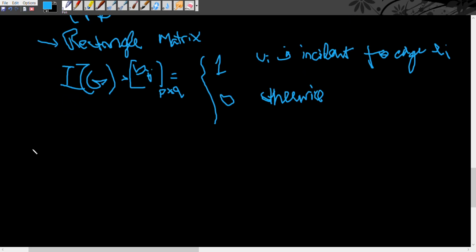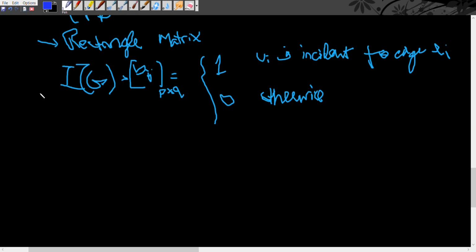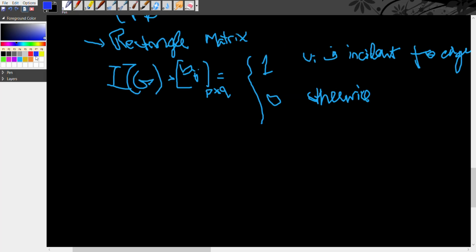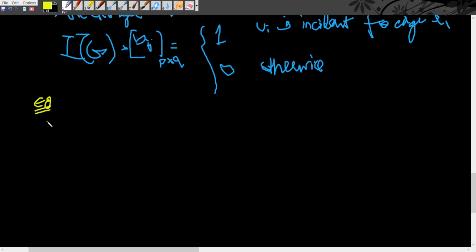So let's take an example. Say you've got this graph. Let's take a very simple graph to start with.